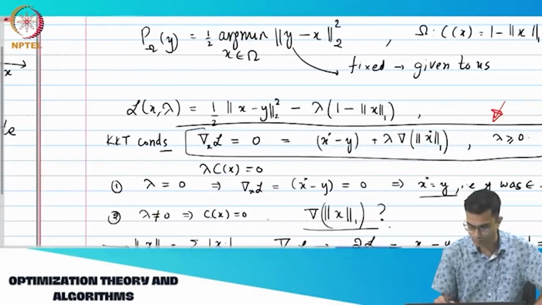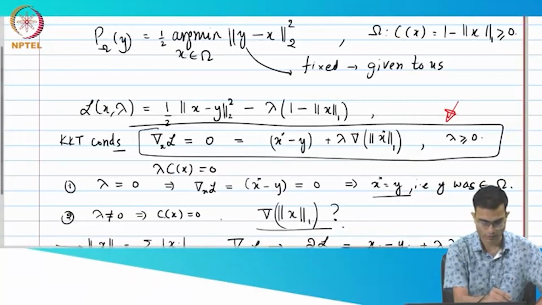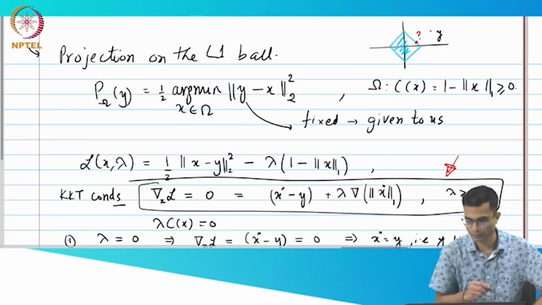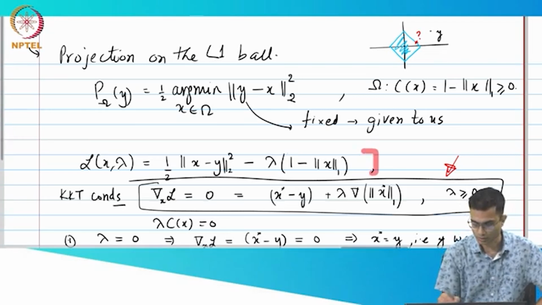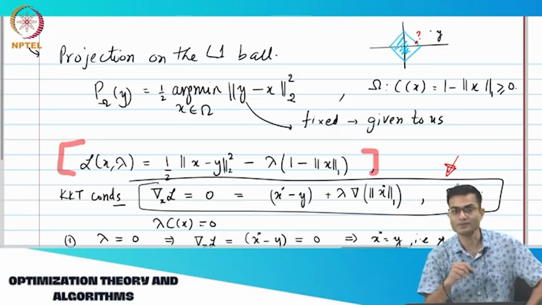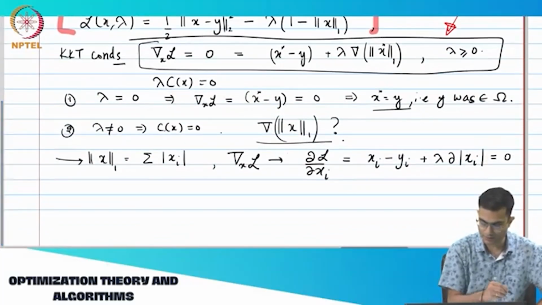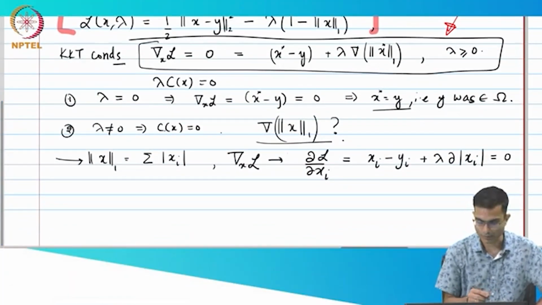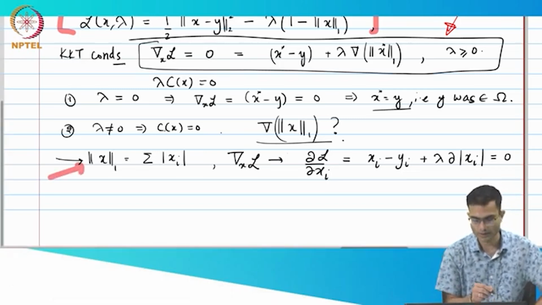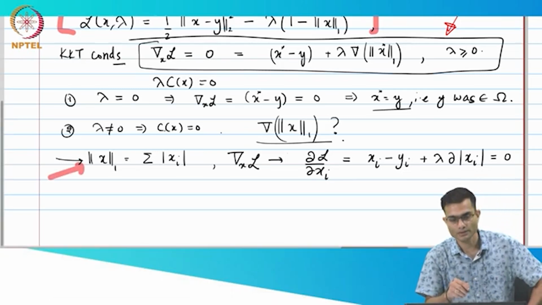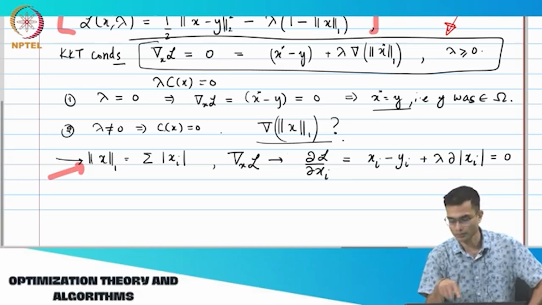Then we looked at this L1 projection. The cost function, the Lagrangian, became this, that was fine. Then when we began to take derivatives, that's where these various options come up. If I write the L1 norm in this fashion and take the Lagrangian, dL by dxi is what I have to calculate.